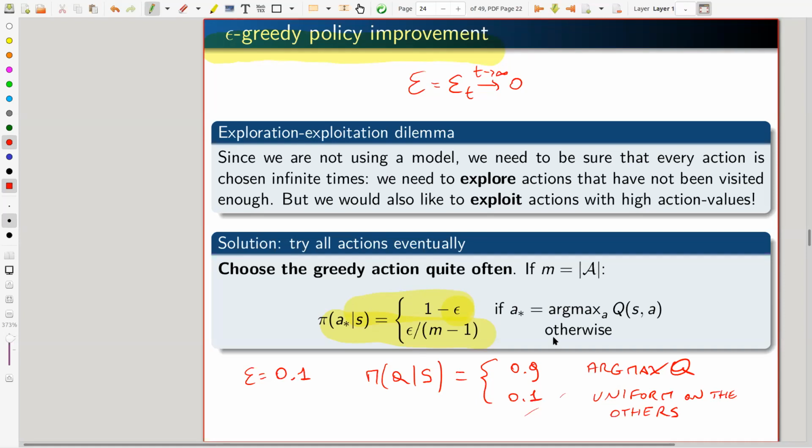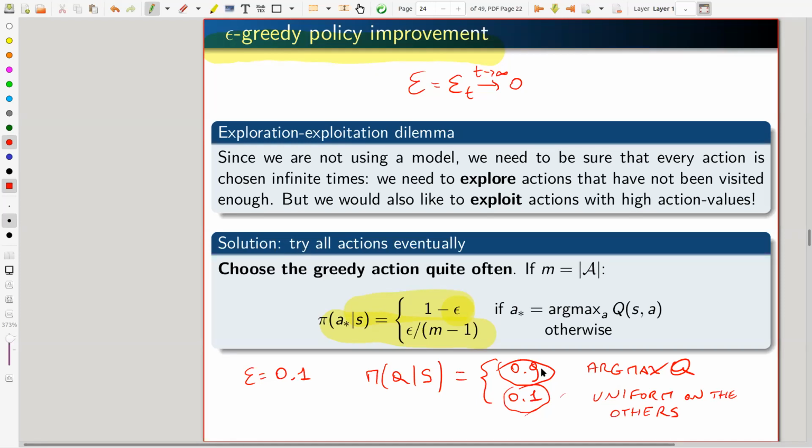Otherwise, we are chattering around, as this situation is called. We reach a maximum, and then sometimes, with probability 10% in this case, we go away from this maximum. But since we choose the greedy action 90% of the times, we will get back to this global maximum very soon. Chattering around means that we are moving around this maximum area.